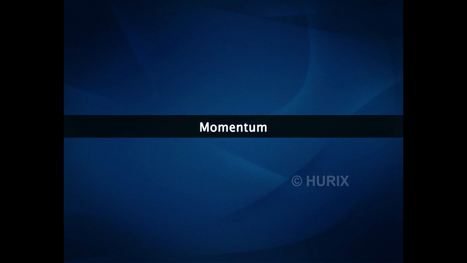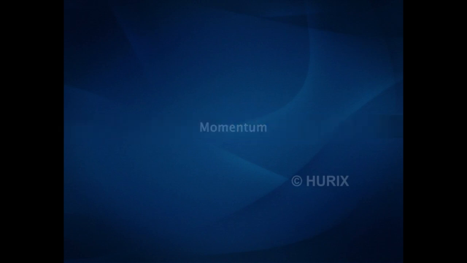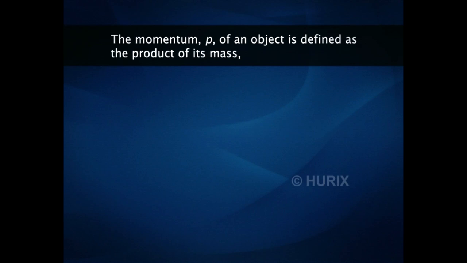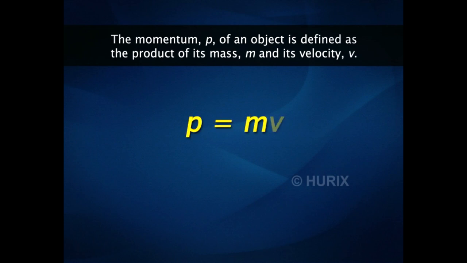These observations were used by Newton to introduce a property called momentum. The momentum P of an object is defined as the product of its mass, m, and its velocity, v. That is, P equals mass multiplied by velocity.